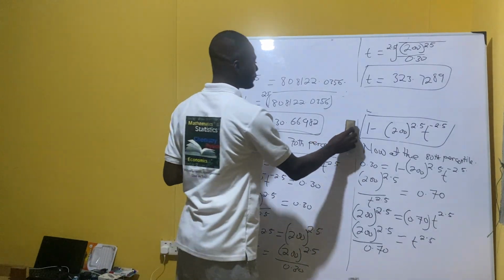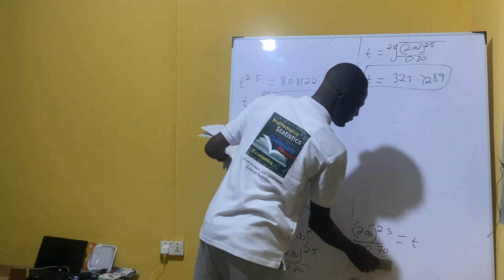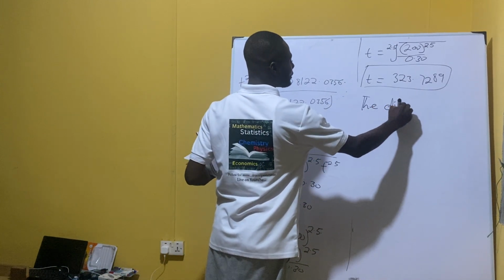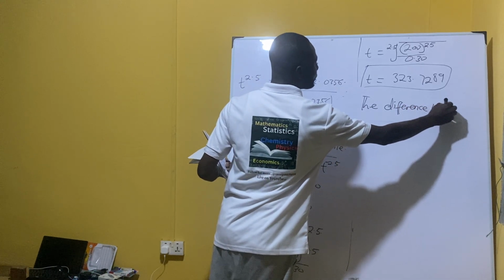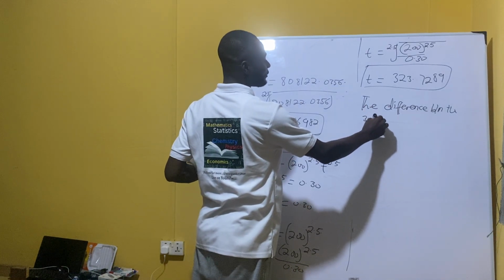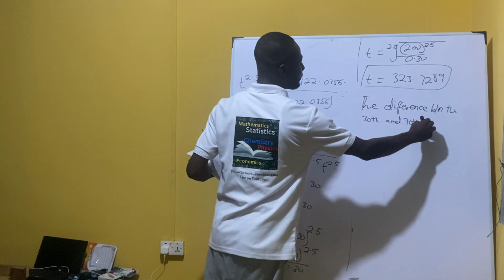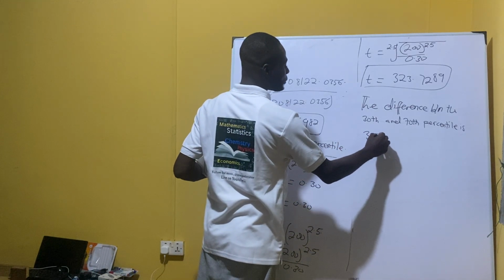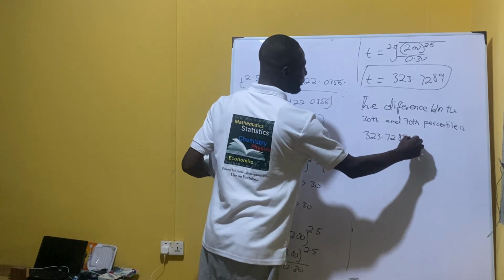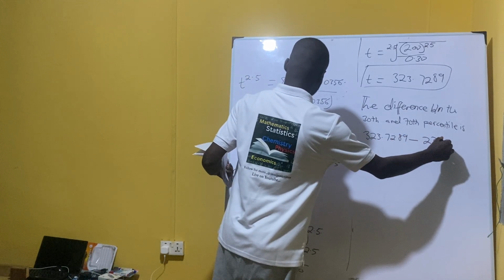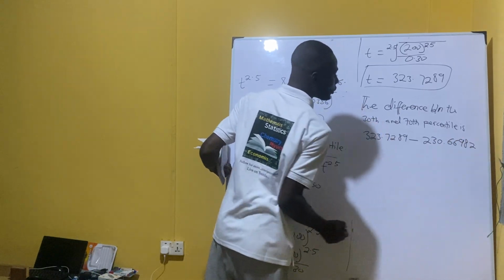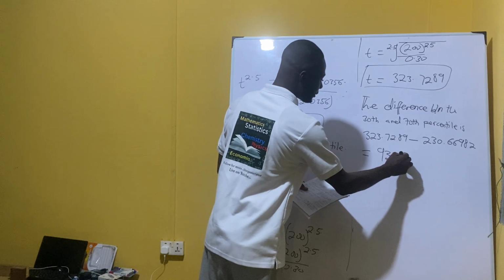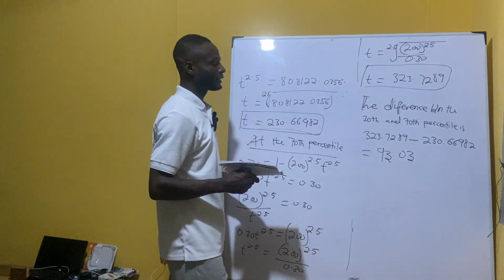So now the difference between the 30th and 70th percentile is 323.7289 minus 230.66982, and that gives us 93.03.